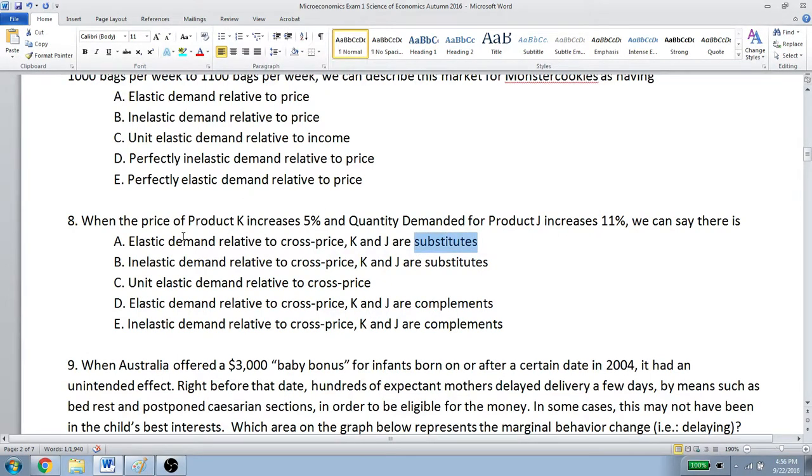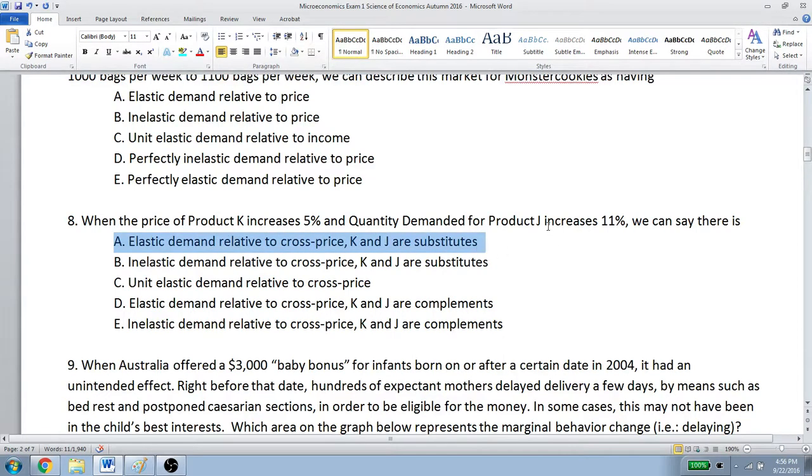And the reason for that is because if the price of product K went up, then people will buy less of K. And if they're buying less of K, then they will buy less of the complements of K. But what we see here is they're actually buying more of product J, which implies that product J is a substitute for K. And since people are buying less of K because it's a higher price, they choose to buy J instead to satisfy whatever their need is, and they must be substitutes. So the correct answer to A is that one.